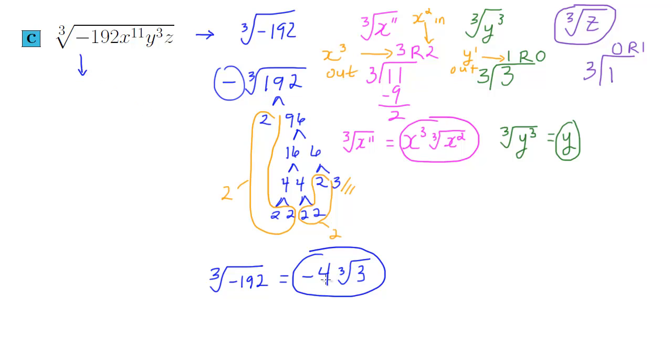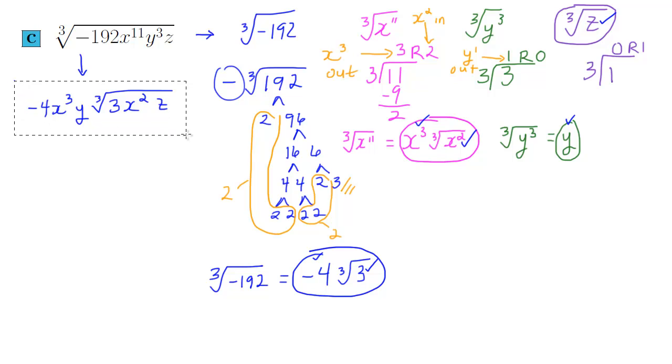It's going to become -4 x cubed y on the outside and then on the inside of a cube root we have a 3 left, we have an x squared left, and we have a z left. So I'm going to write 3x squared z. So this is our simplified version of this disastrous cube root. Whew, that was a lot of work.